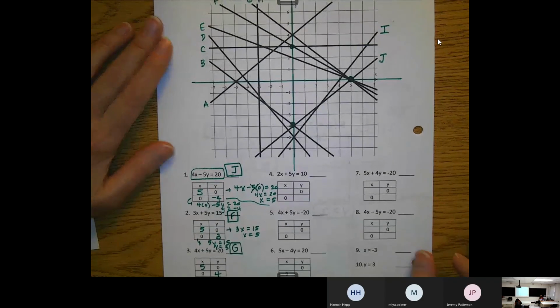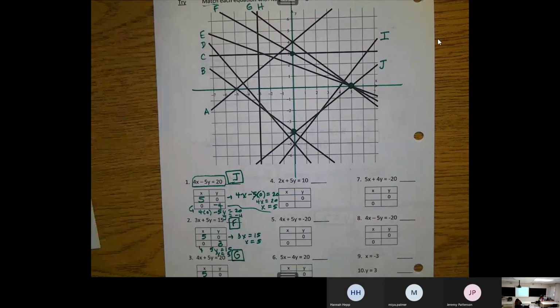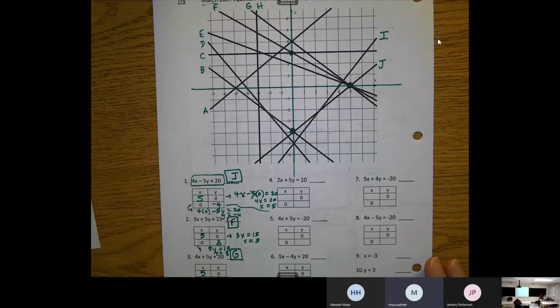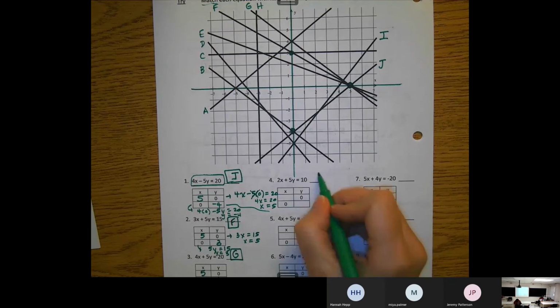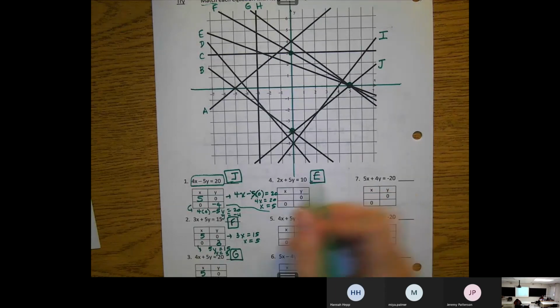When somebody's ready to help us out with number 4, let me know. We're ready for number 4, I got E. That's an x-intercept of 5 and a y-intercept of 2.